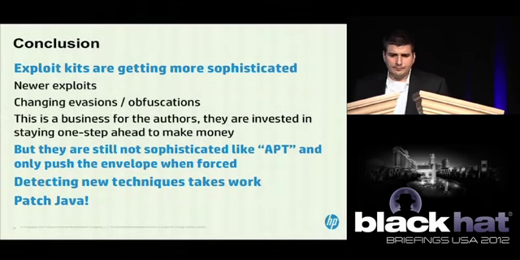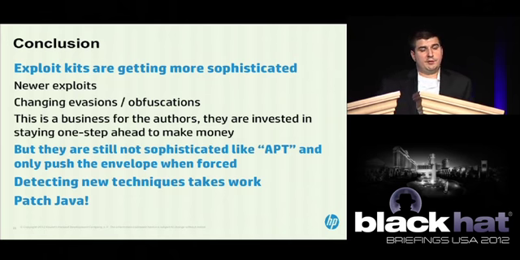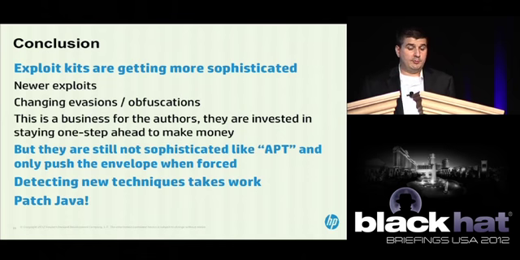So in conclusion, the exploit kits are getting more sophisticated in terms of adding newer and more recent exploits and trying to do more evasions and obfuscations. A lot of the reason they're doing this is because they're a business, and the guys who write these kits are trying to make money, trying to protect their business model, and definitely wanting to figure out ways to keep making more money.